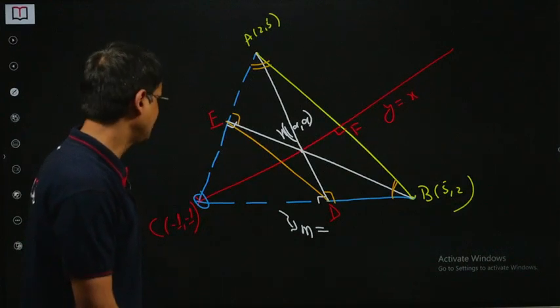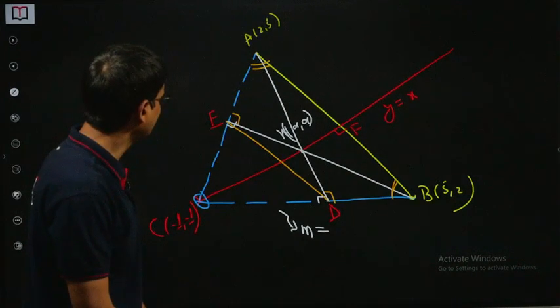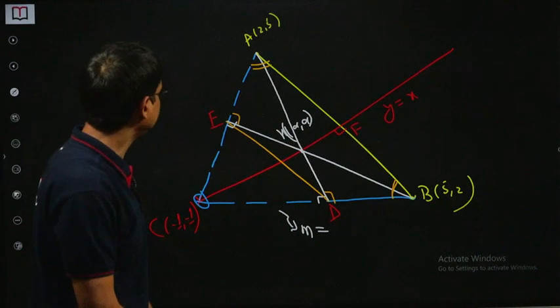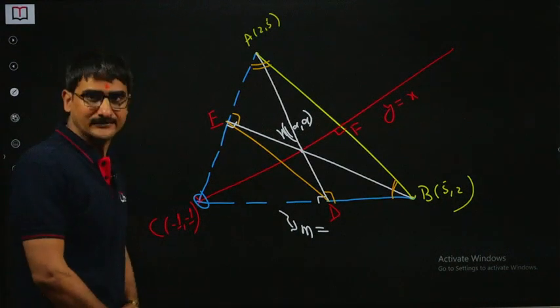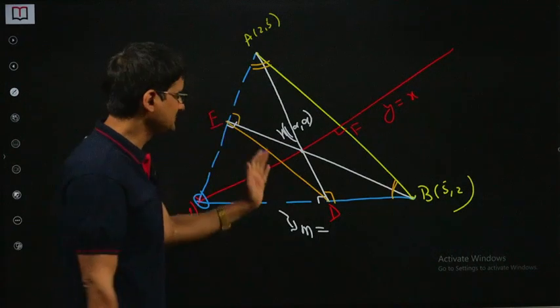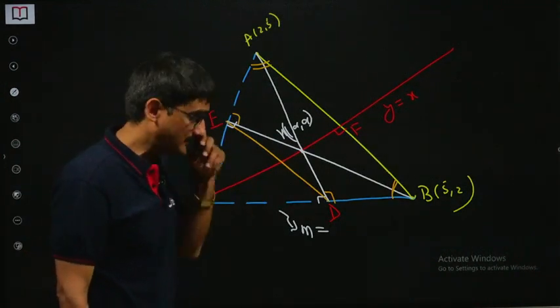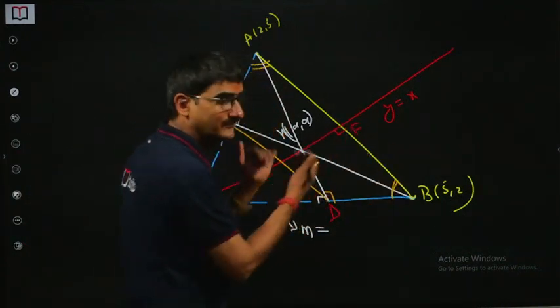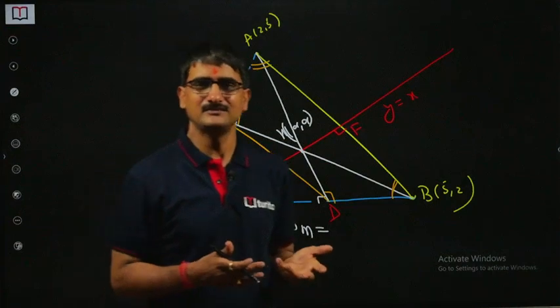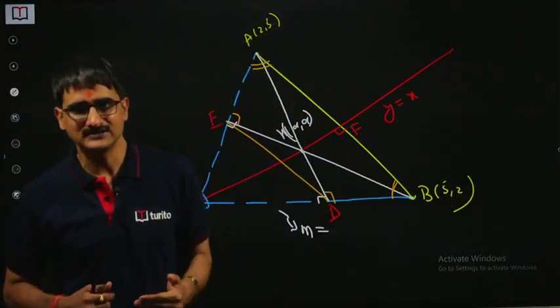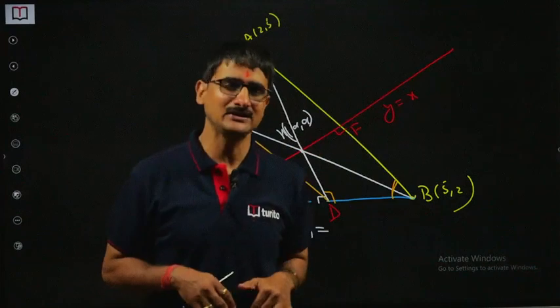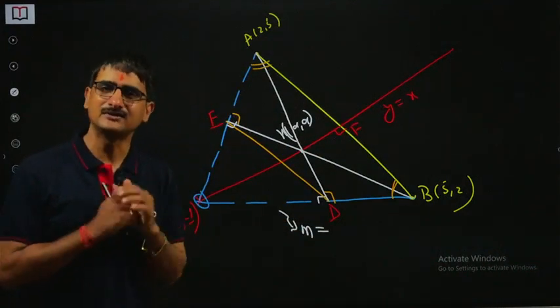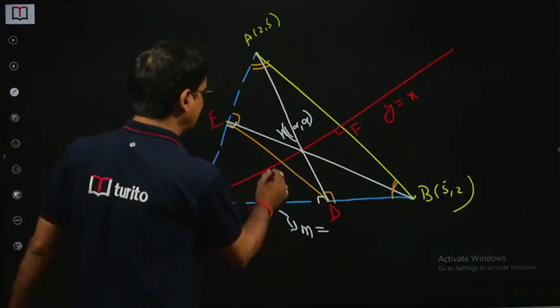Then I used something else also. Since these two triangles are congruent, they have same area, and both the triangles have same base. So then we come to the theorem that two triangles lying on the same base, on the same side of the base with equal area, the opposite vertices lie on a line which is parallel to the base. Hence I proved that DE is parallel to AB.